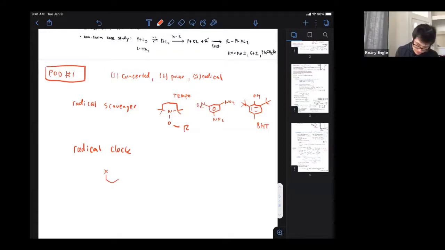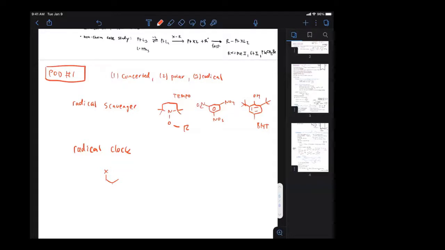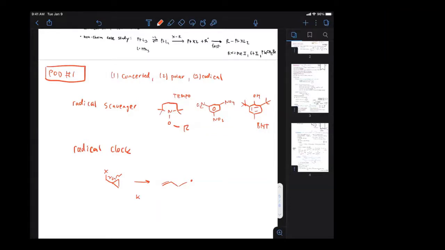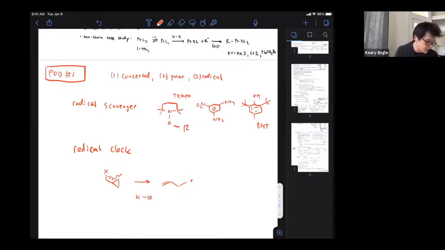Yeah, and to see if, the radical clock is usually fast, so unless the reaction is super fast, beyond the radical clock, we should observe some of the radical clock reaction. Okay, do you happen to know the rate of this radical clock opening? I can't remember, but it should be 10 to the power of 5 or something. This one is a first order rate constant of 10 to the 7.